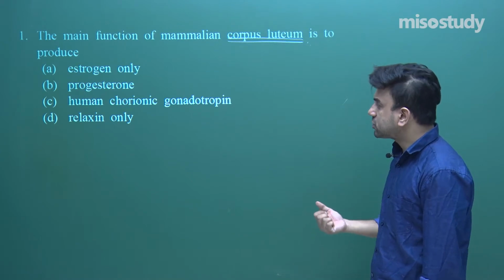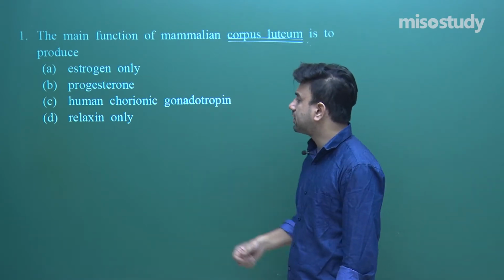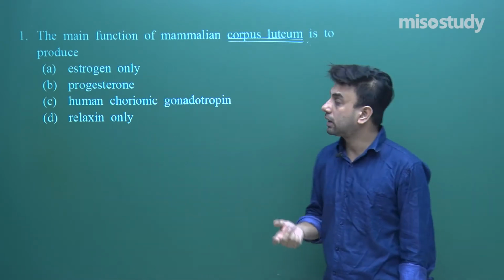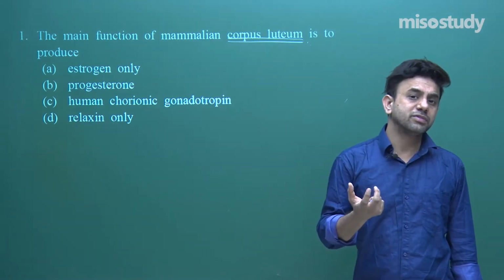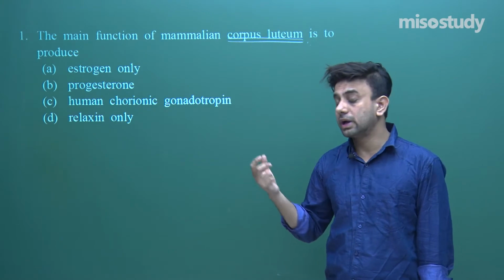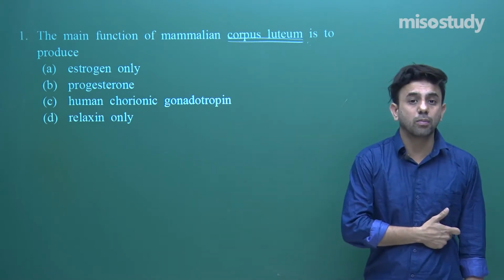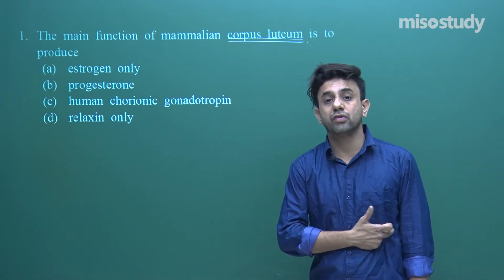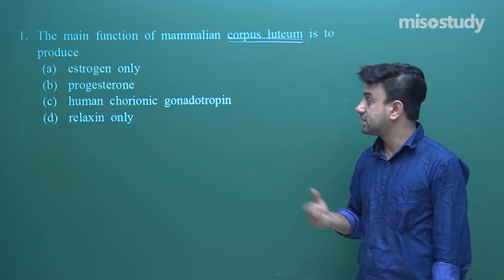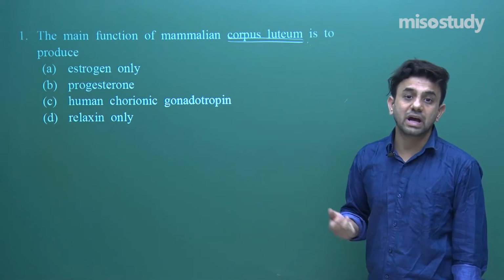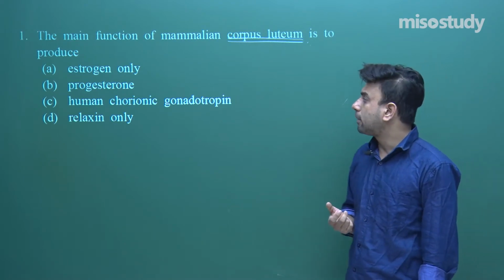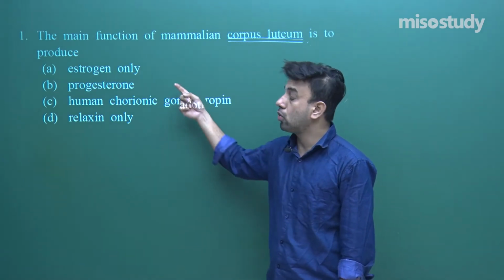Now, in this one, see the first answer, we know that the corpus luteum, what happens when the ovarian follicle becomes mature? It is acted upon by the luteinizing hormone, and this ovarian follicle releases both the estrogen and the progesterone. But what it is saying is estrogen only.